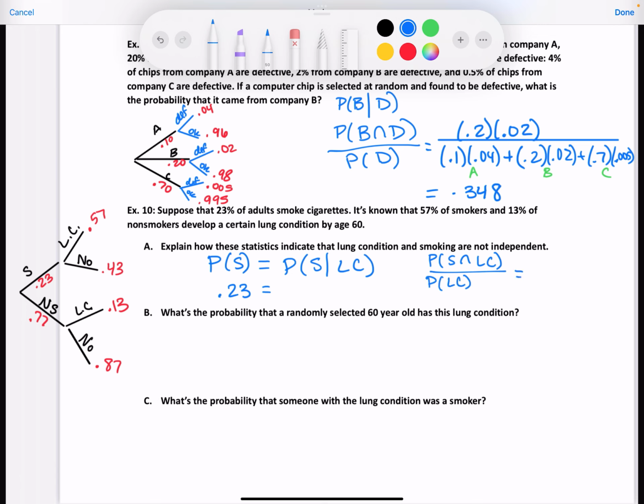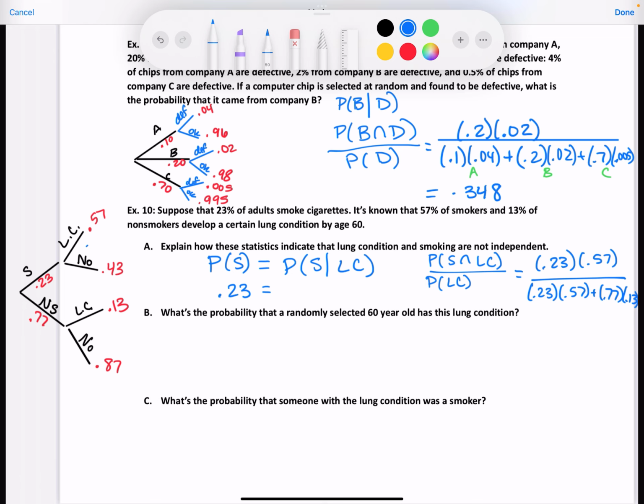So we would do the same thing like we did here. For the intersection, we multiply smoking times lung condition, so it would be 0.23 times 0.57, divided by the probability of lung condition. That's 0.23 times 0.57 plus non-smoker and lung condition, 0.77 times 0.13.